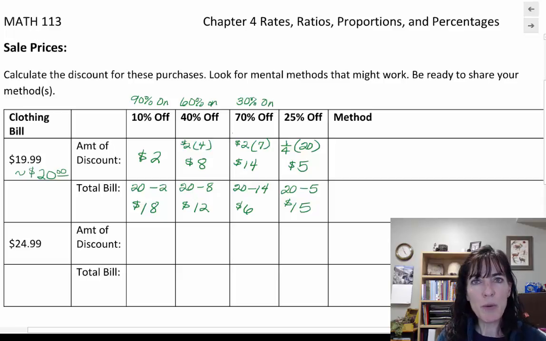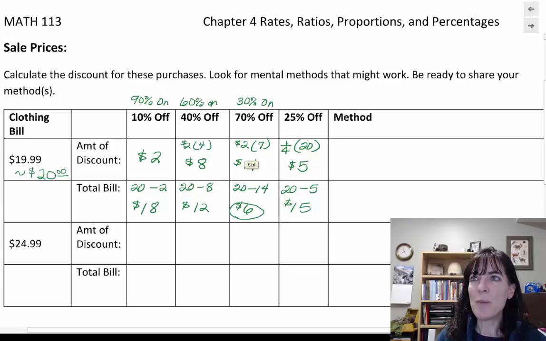And when you do 30% on, you can just think 3 times the amount of the discount, which is 3 times 2, which would give you the 6. And that's a very quick way to come up with your final price.